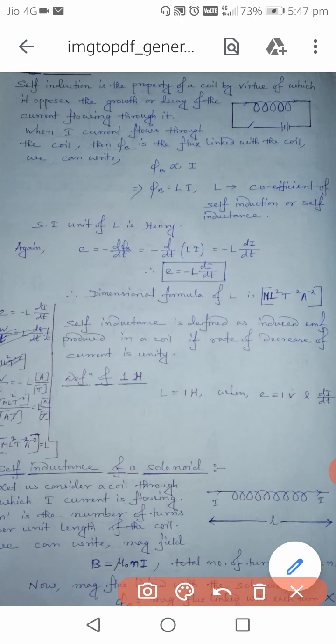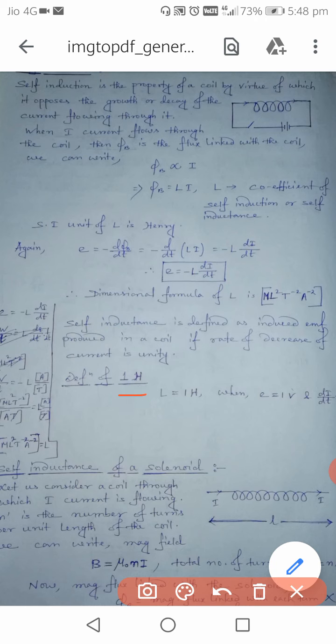That means minus di dt is 1, means magnitude is 1. Okay, why have I written decrease? Decrease is taking this minus sign, no, minus di dt. So that is why I have written decrease of current becomes unity, means this term becomes 1, then L becomes equal to E. Okay, this is the definition of self-inductance.